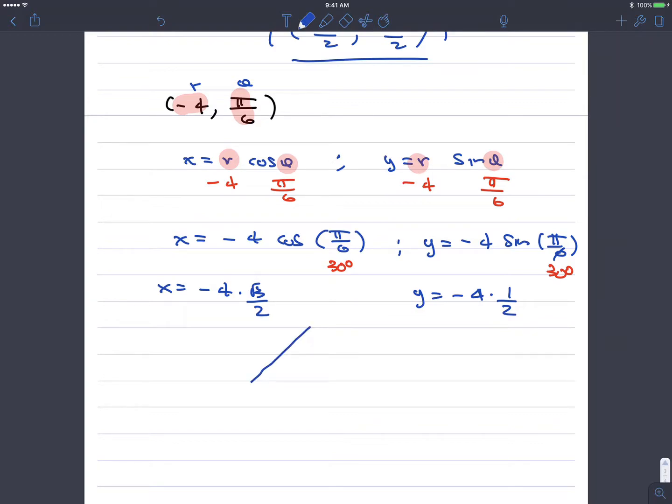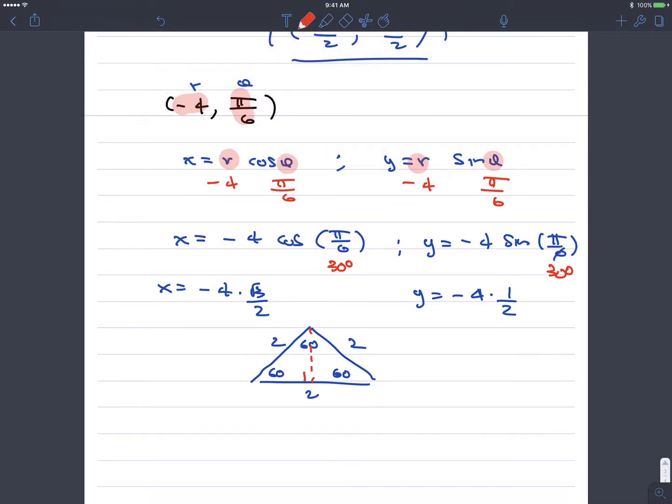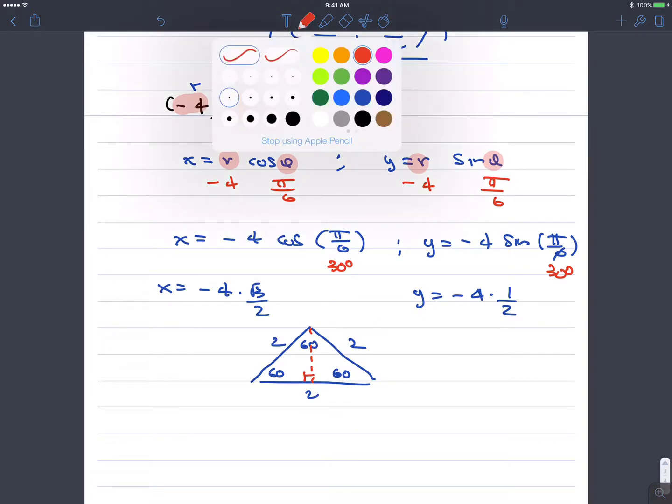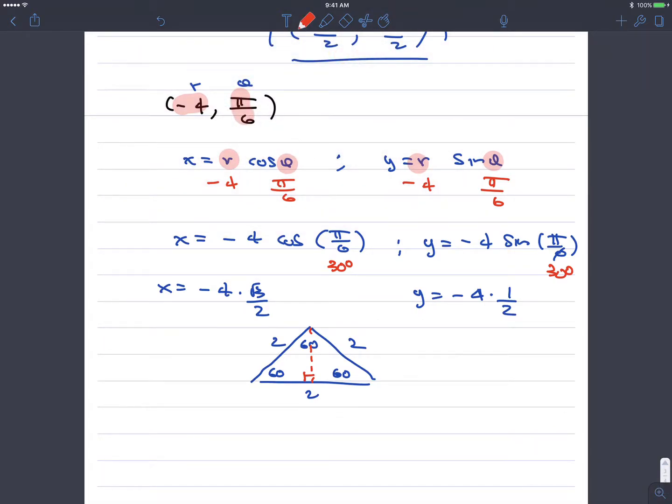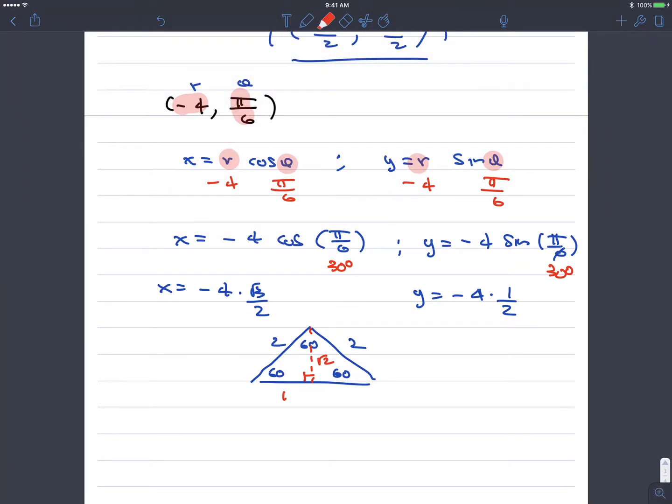Let's see. This is supposed to be 60, 60, 60, 2, 2, 2. We're going to bisect. What does that create for us? What's this distance? Now this is 1, and this is square root of 3.